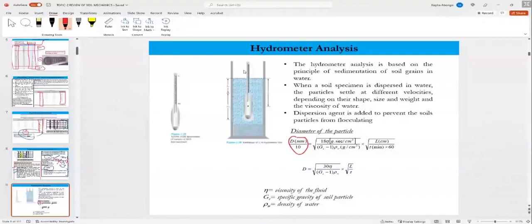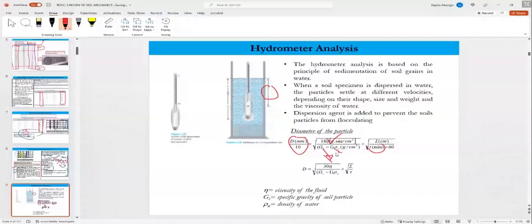Now, the hydrometer sinking depends on the particle sinking. So the length of the hydrometer and the time taken to change can be correlated with the particle size, and also with the viscosity of the water, the specific gravity of the particles and the density of the water.